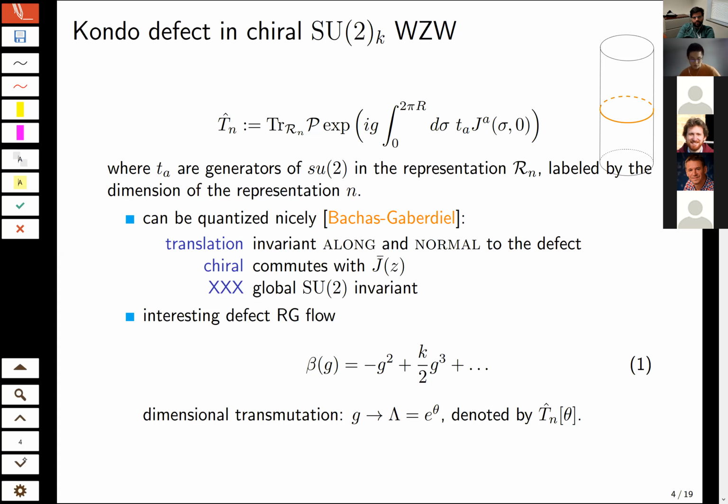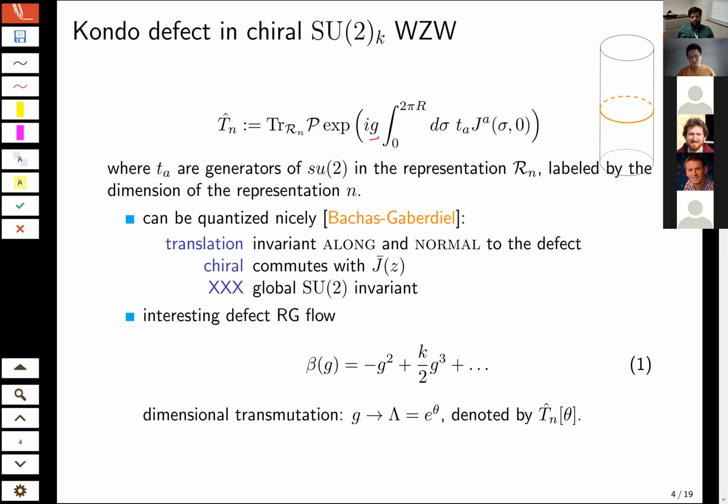You take a trace of a path-ordered exponential, and inside the integrand, we take the chiral part of the WZW current and contract it with a bunch of matrices, where I take the matrices to be the representations of SU(2). I will label this by the dimension of the representation, n, which is an integer. The g here is a marginal coupling.